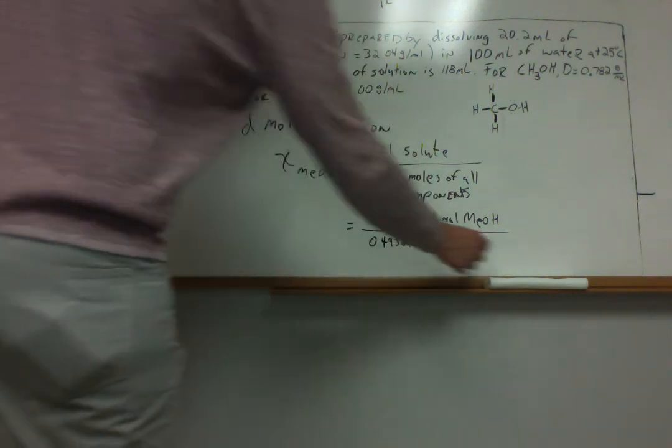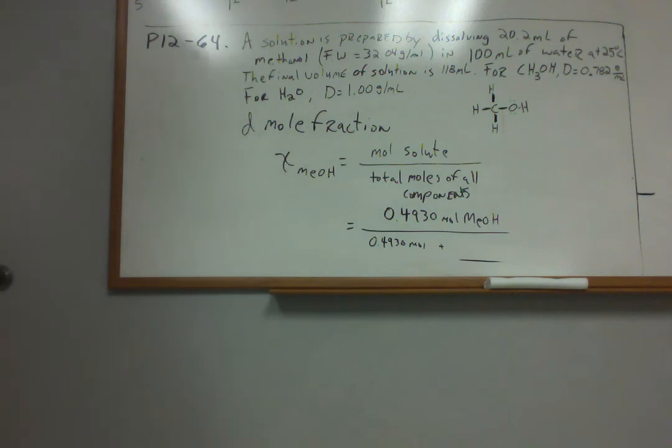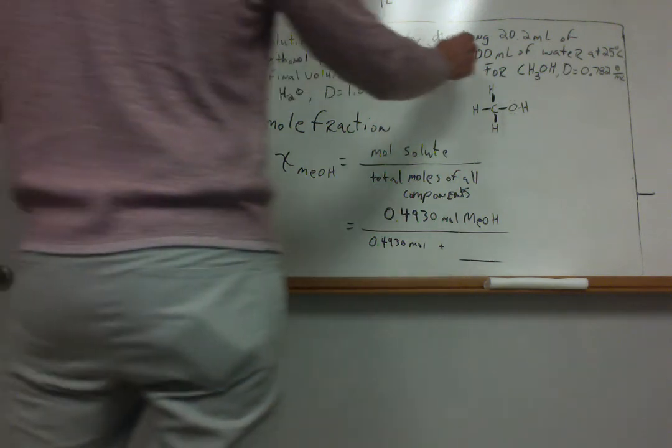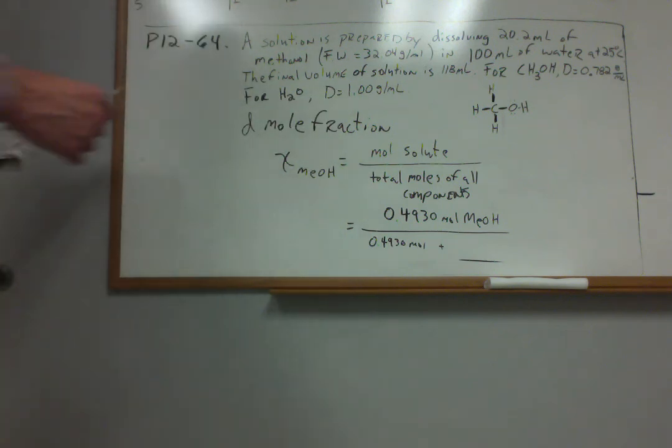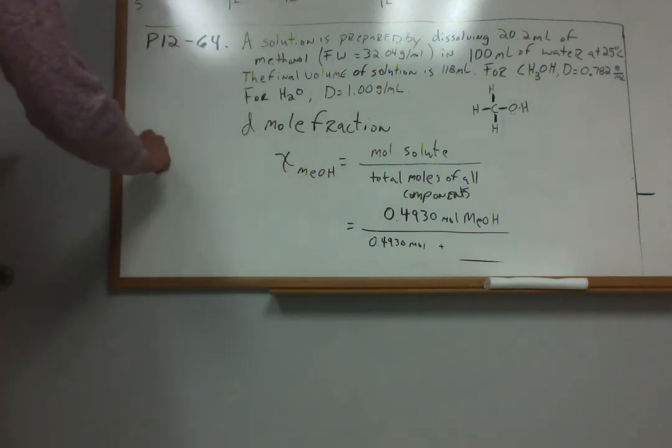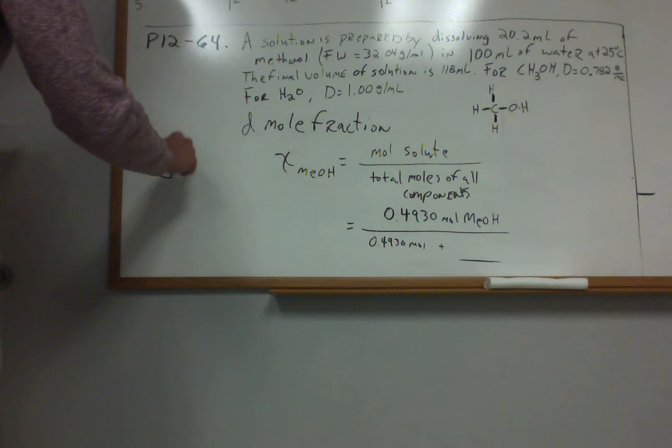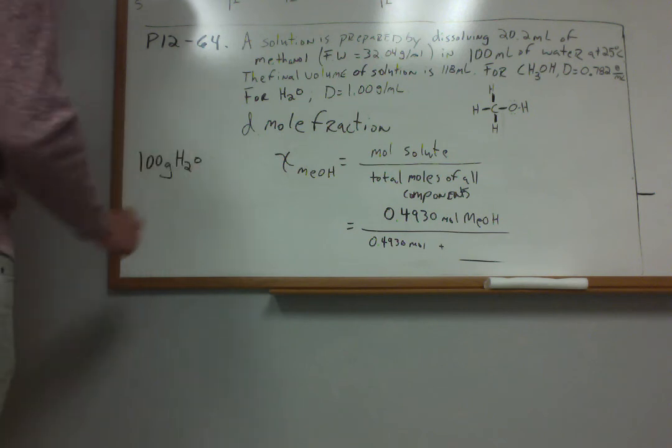But there's a second part of our mixture as well. There's water. To finish this problem, we need to know how many moles of water were present in our mixture. How are we going to figure that out? Previously we decided that we had 100 milliliters of water, and the density of the water is 1 gram per milliliter. This essentially means that I've got 100 grams of water in my mixture.